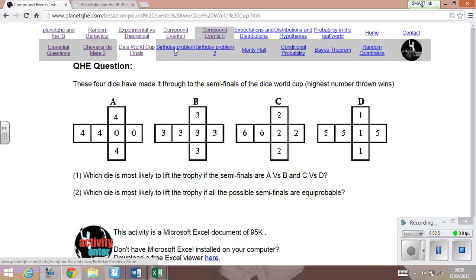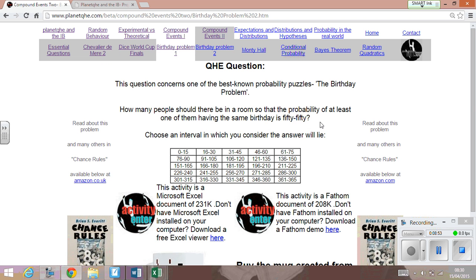Now, the birthday problem is a very famous problem, and there's a word of caution here. Because of the internet, some problems that were not so well known 30 years ago are now very well known.